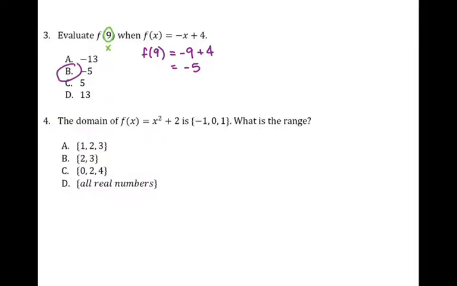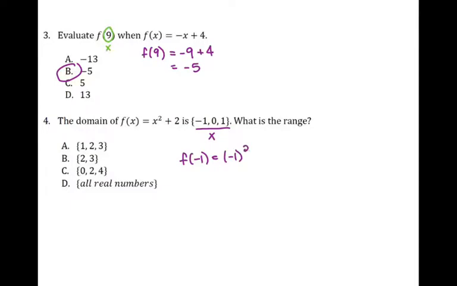Number 4, the domain of f of x equals x squared plus 2 is negative 1, 0, and 1. What is the range? So again, domain represents your x values. So what I'm going to do is take each one of these values and plug it in for x one at a time. So I'm going to evaluate f of negative 1.